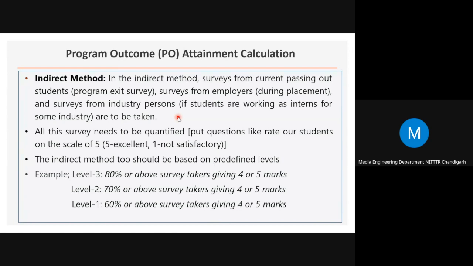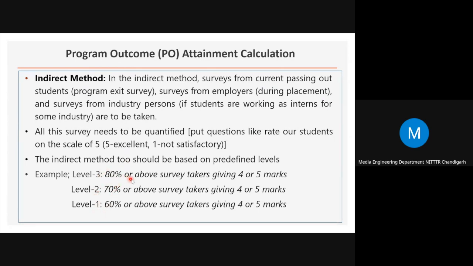Or there is another method: once we have the responses, we can count how many students have given the response as 5, how many as 4, 3, 2, 1. So we need to quantify those responses into levels.